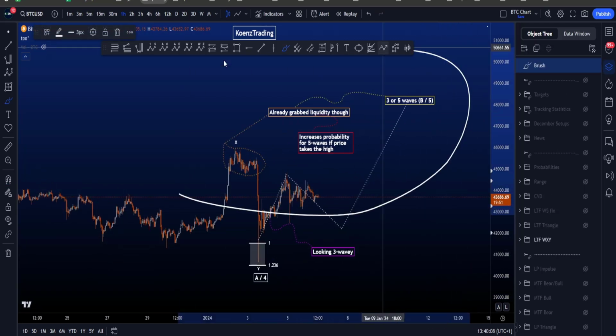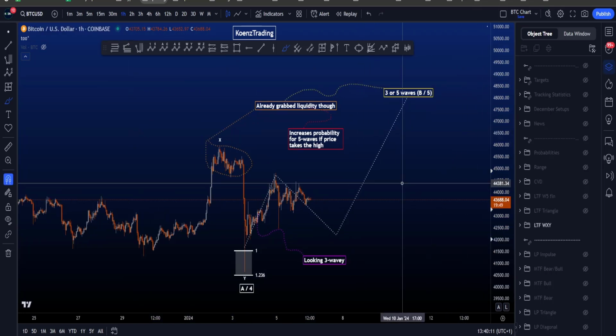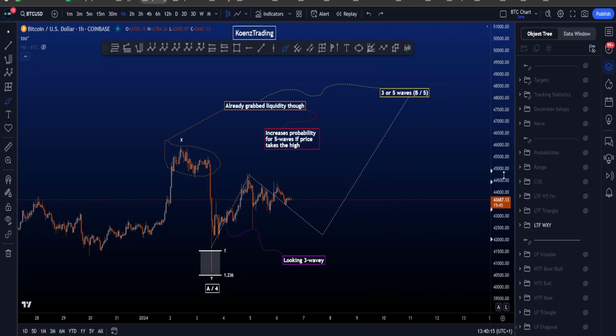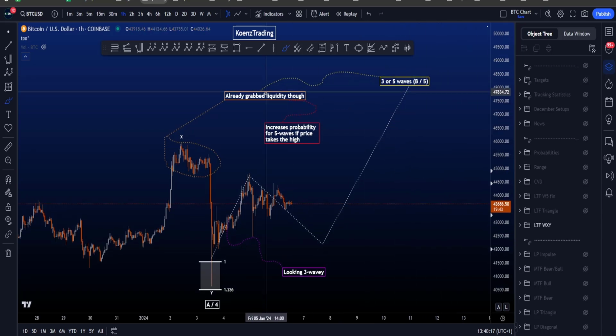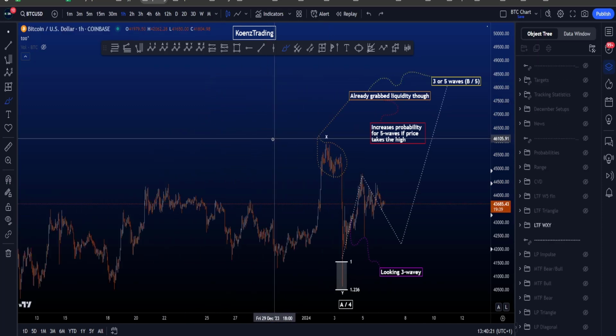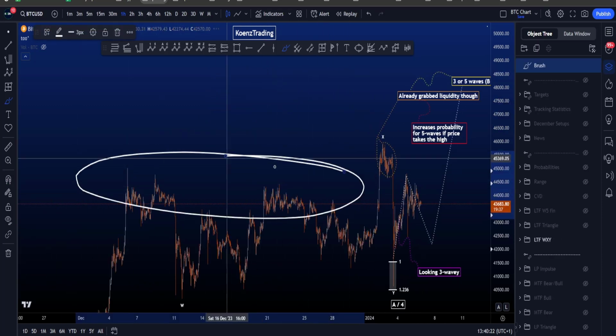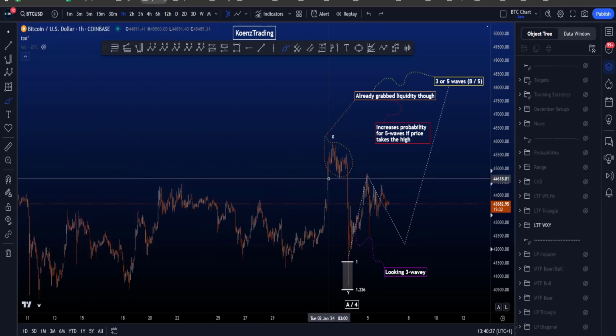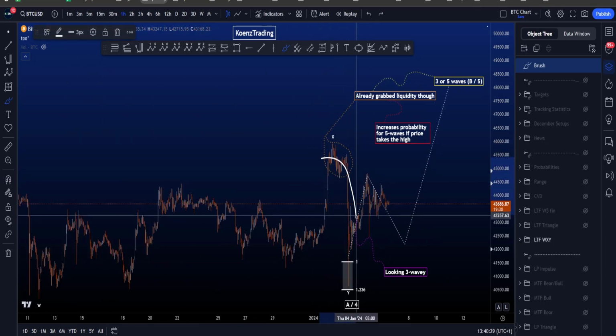However, this is where my beautiful design here comes into play, right? We are looking for 3 or 5 waves to the upside in this particular scenario. However, you can see that over here, price has already grabbed the liquidity that was resting above this range. People that had their stop losses up here got stopped out, and the breakout traders, well, they're in a loss already.